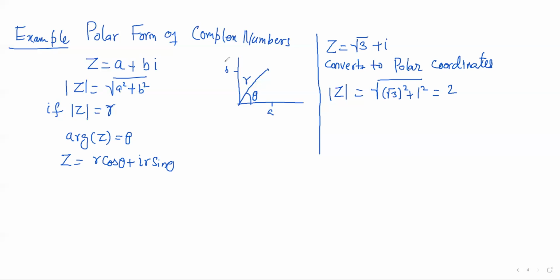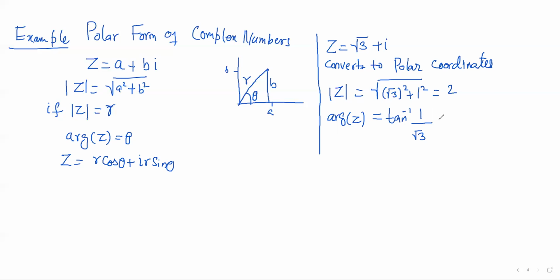Then we find the argument of z. Argument of z is this angle theta. Because this is side B and this is side A in a simple triangle, theta will be equal to tangent inverse of B over A. B in this case is 1, and A in this case is under root 3.